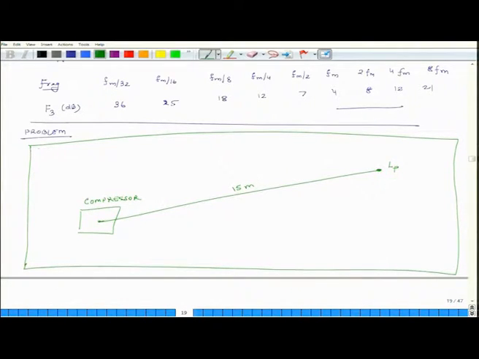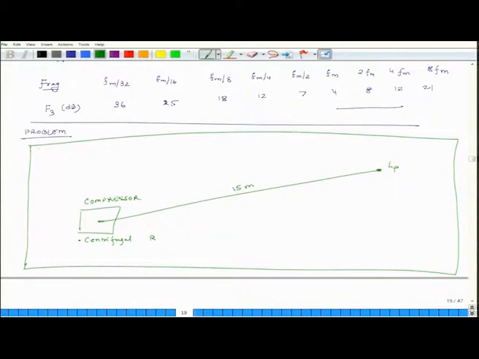Let us find out some details about the compressor. What kind of a compressor is this? This is a centrifugal compressor. This is the first information we have.